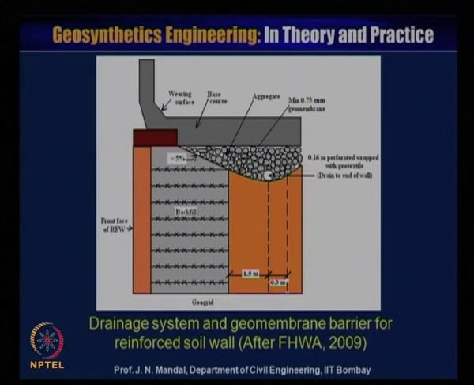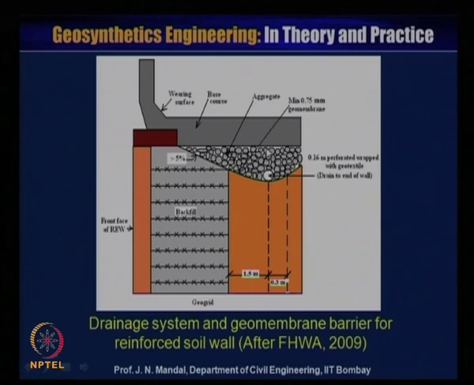This is also another drainage system. Nowadays you can also provide a geomembrane barrier for reinforced soil walls, after FHWA 2009. If there is a wearing surface, and this is the base course, and this is the aggregate, here you can provide a minimum 0.75 millimeter geomembrane.